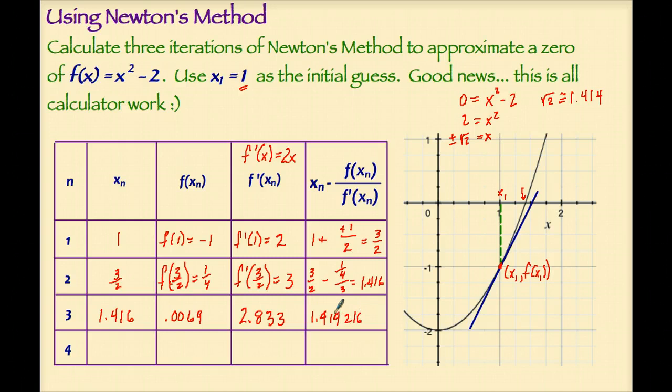Now, since we've done 3 iterations of this process, we're done here. This will be our final approximation for this problem. Look how close it is to the actual zero. A better approximation of the square root of 2 is 1.414214. So just 3 iterations of Newton's method got us an approximation very close to the actual zero.